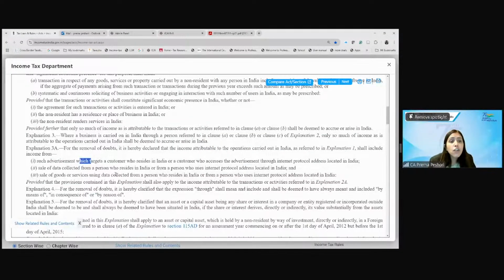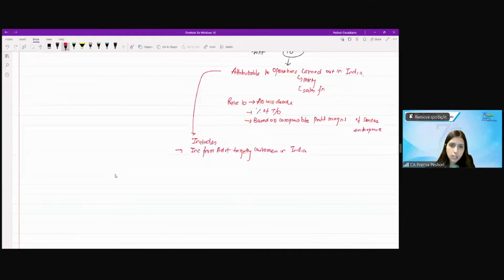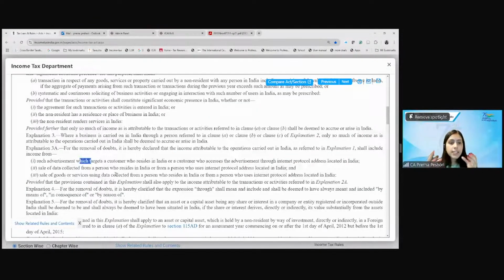Or sale of data collected from a person who resides in India or from a person who uses an Indian IP. So, sale of data collected from an Indian person. For example, let's say Instagram is every day collecting our data.